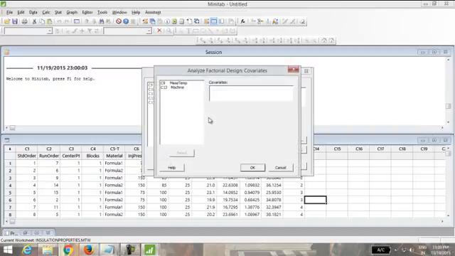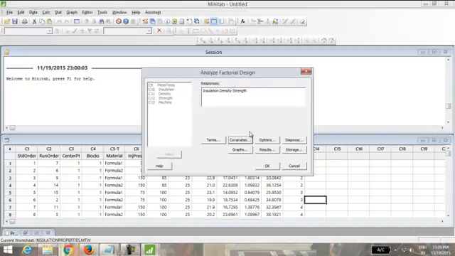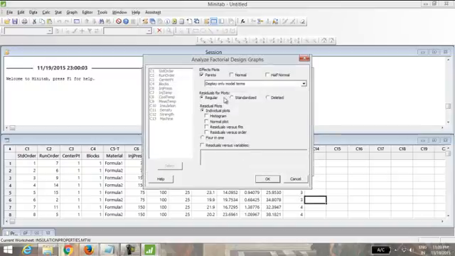The covariates would be nothing but measuring temperature. We have selected all those. We'll select the type of responses that we want. Now we're choosing all the responses, and graphs. You can check for whatever we want. We can have standardized plots, we can have residuals and individual plots.